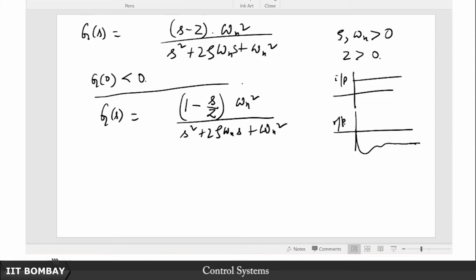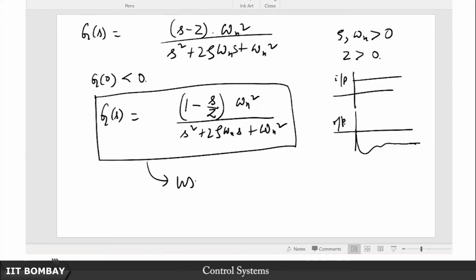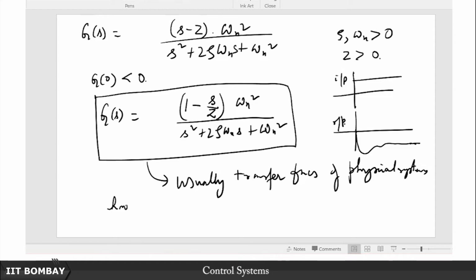So usually, let me write that statement down: usually transfer functions of physical systems having RHP zeros appear in this form, for the reason that I clearly illustrated.